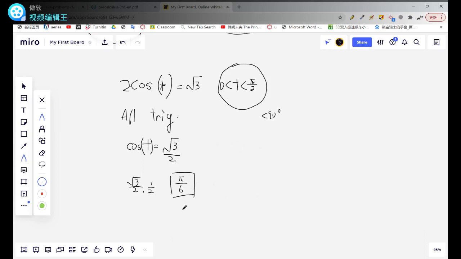So the cosine of t is equal to root 3 over 2, and sine of t is equal to 1/2. And secant of t, we know the cosine is going to be at the top, so this is 1 over cosine, which is basically 2 over root 3, so 2 root 3 over 3.